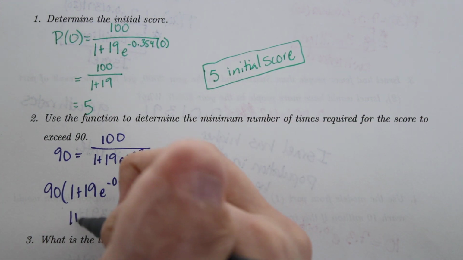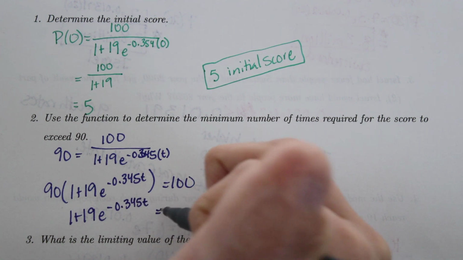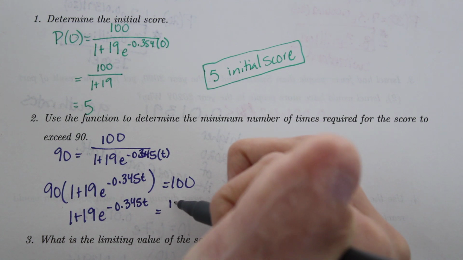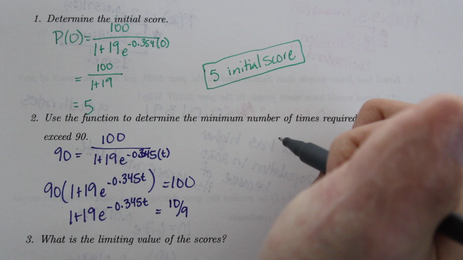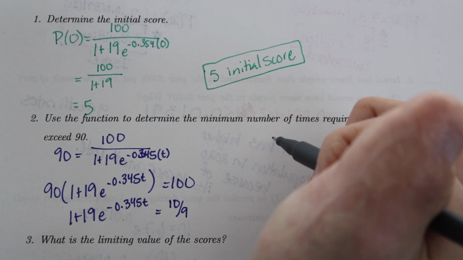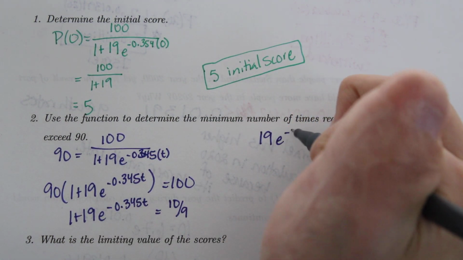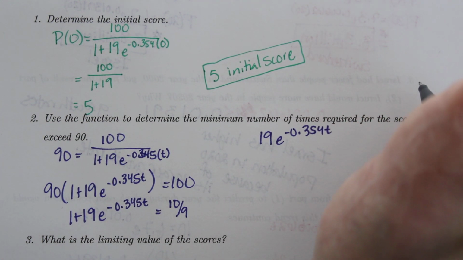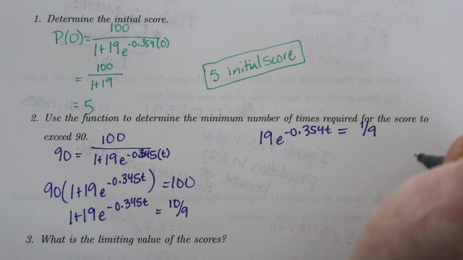Dividing by 90, 1 plus 19 e to the negative 0.345 t is equal to 10 divided by 9. 100 divided by 90 is 10 ninths. Okay, then next let's subtract 1. So we get 19 e to the negative 0.354 t. So 10 ninths minus 1 would be 1 ninth.